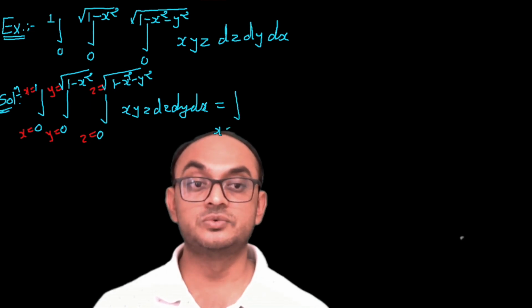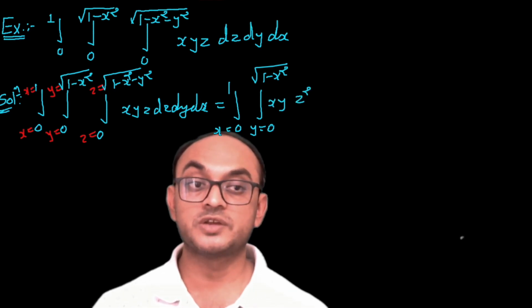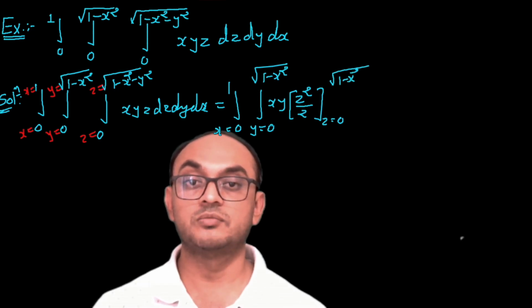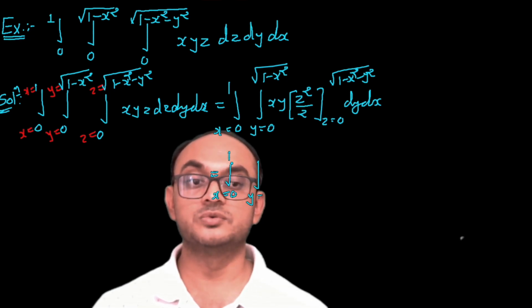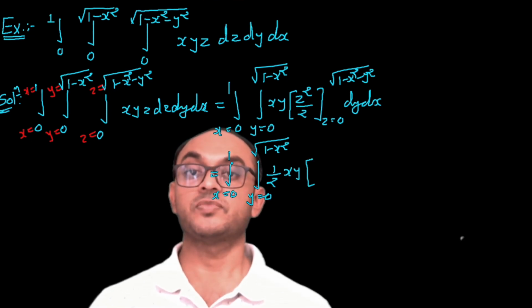Integration x is equal to 0 to 1, integration y equal to 0 to under root 1 minus x square, xy, integration of z with respect to z is z square by 2 with the limit of z, so z is equal to 0 to z is equal to under root 1 minus x square minus y square dy dx, which is equal to integration x equal to 0 to 1, y equal to 0 to under root 1 minus x square, 1 upon 2 xy into now z square.